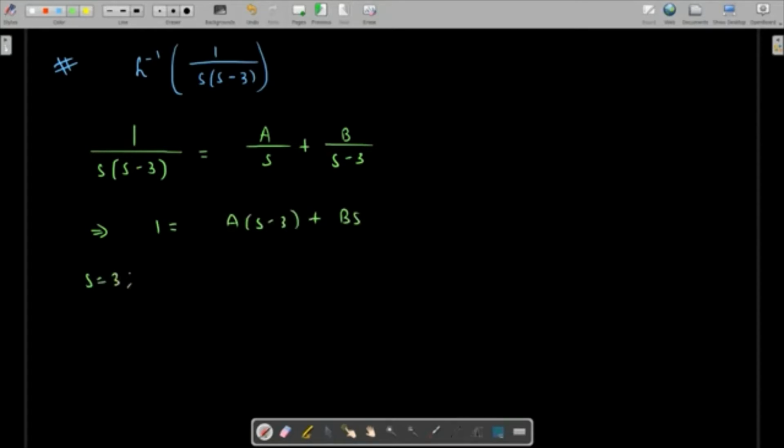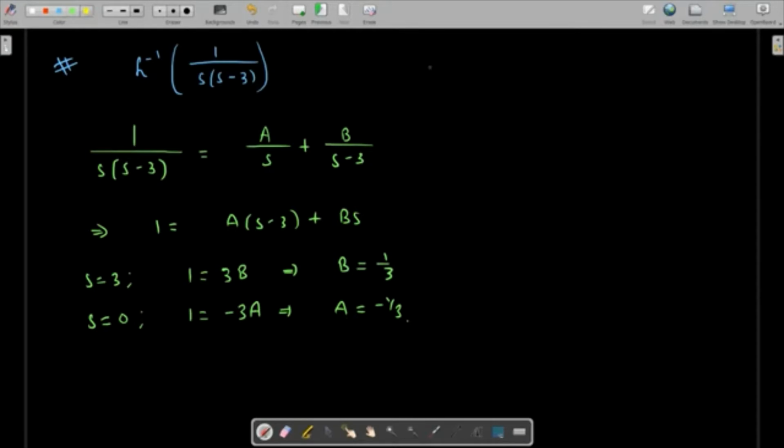If we write S as 3, we have 1 is equal to 3B, which means the value of B is 1 over 3. And if we replace S by 0, 1 is equal to minus 3A, which means the value of A is negative 1 over 3.